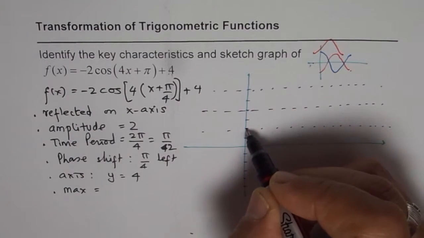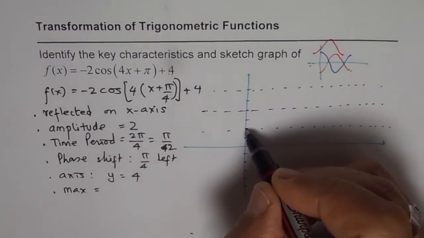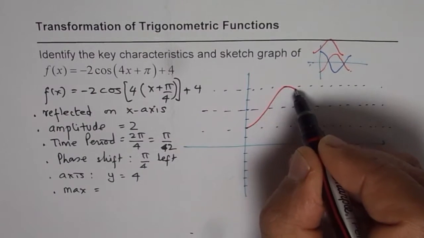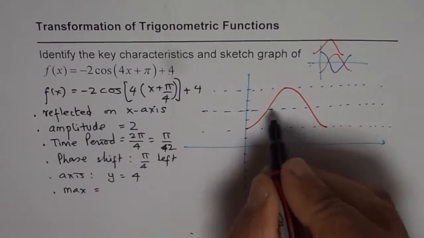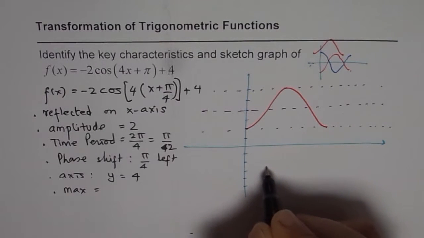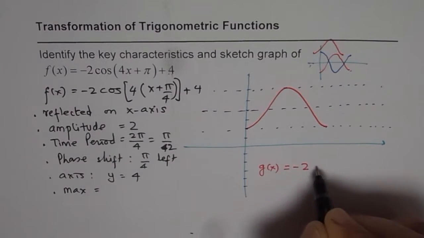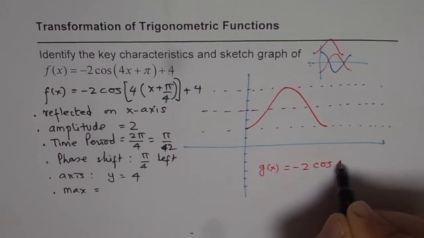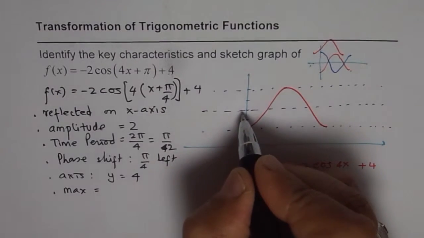So first let me make one cosine wave without horizontal translation. Perfect. So that is the kind of wave I will make. That is the cosine function, which is the equation for this red graph. For my function, let me call it g of x, which equals minus 2 times cos of 4x plus 4. Do you understand? This is my graph where the axis is at 4.